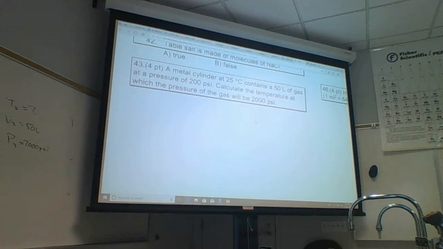Can you do that, but keep the 50s in? Because I think that maybe I got an extra 0. Yeah, try that. Solving it with this. All right, so if we solve for T2, this is going to equal V2 over V1, so it's going to be 50 over 50 times 298 Kelvin.